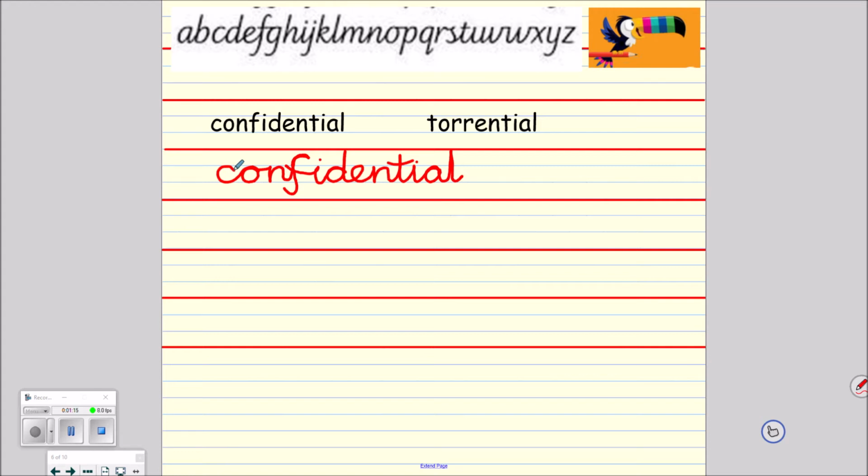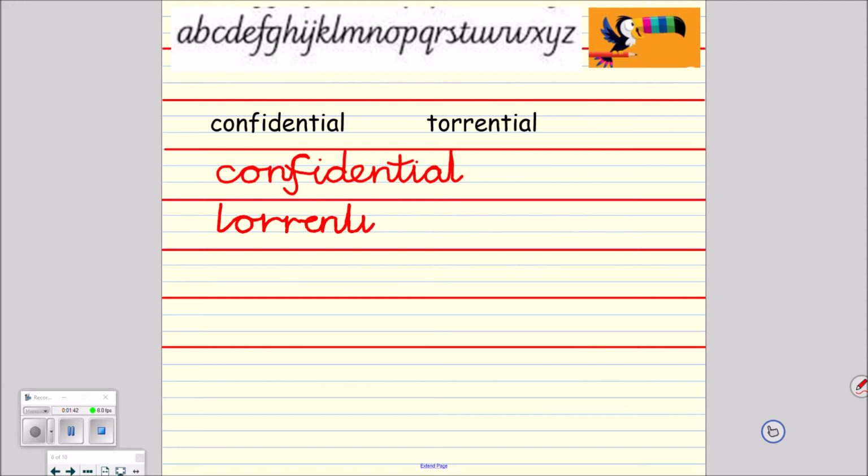Okay, moving on to torrential. So as I just explained, torrential T is an ascender, but it doesn't go quite up to the top. It joins into the O and joins into the R. Now you need to be very careful with your R's because when joined together, they can look like an M. Into my T again, which doesn't quite go as high.